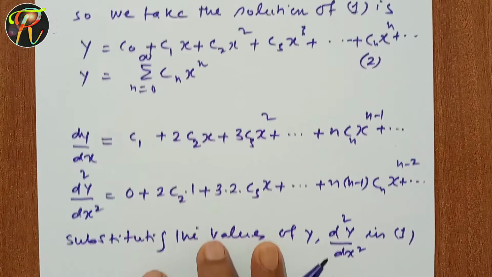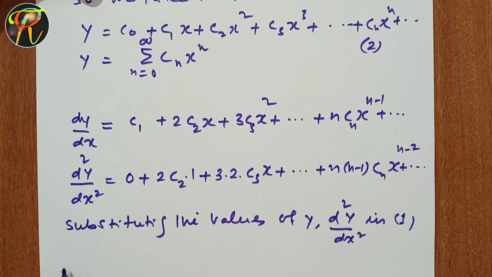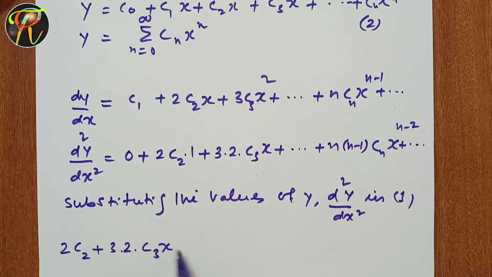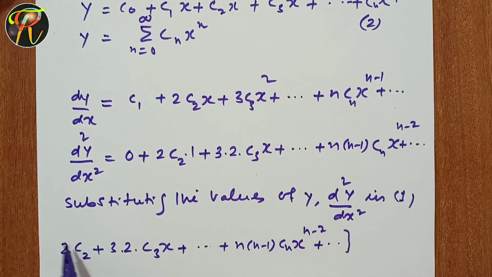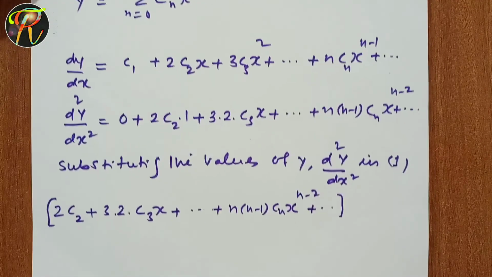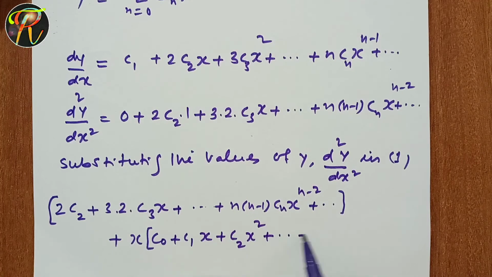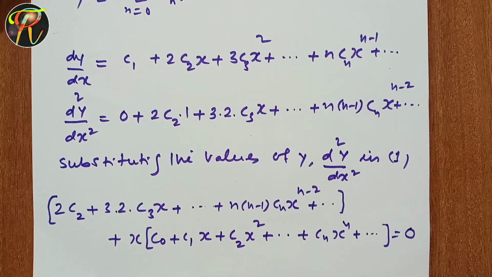So we get 2c2 plus 3 into 2 into 1 c3x plus so on, plus n into (n minus 1) cn x^(n minus 2), plus x into y, where y is c0 plus c1x plus c2x square plus so on, plus cn xn plus so on, equal to 0.